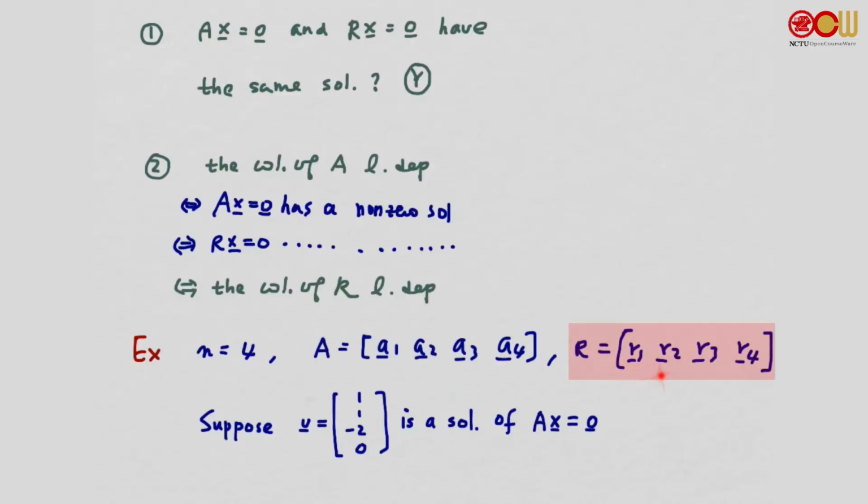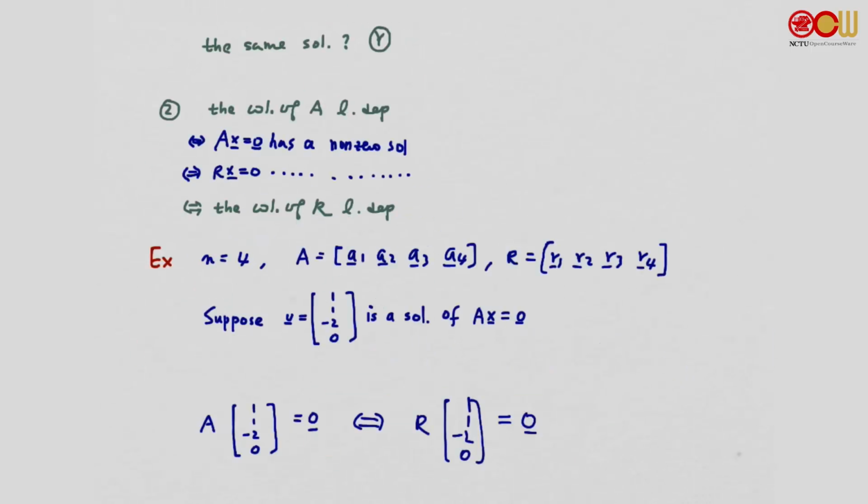R has 4 columns, R1, R2, R3, R4. Suppose V equal to (1, 1, -2, 0) is a solution of the homogeneous equation. So the homogeneous equation has a non-zero solution. This means in particular that the columns of A are linearly dependent, right? And also the columns of R are linearly dependent.